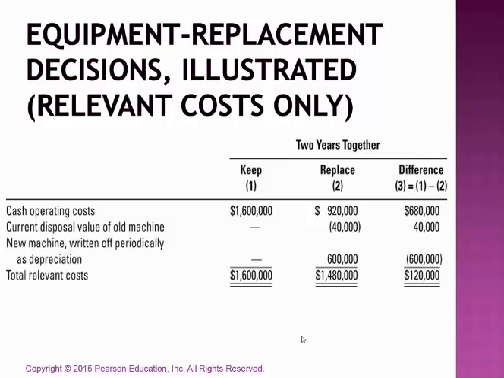If we replace it, we'll have a cash inflow of $40,000 from selling off the old machine, and that number will help us cover the new machine purchase price of $600,000, and we've got cash operating costs at a much cheaper annual rate, and we would still select to replace. So notice this one is breaking it down by relevant cost, $1.6 million versus $1.48 million. This is definitely cheaper than this one, and that is why we would select it.